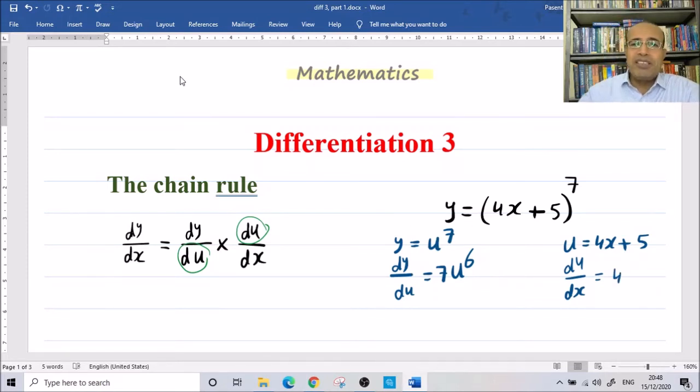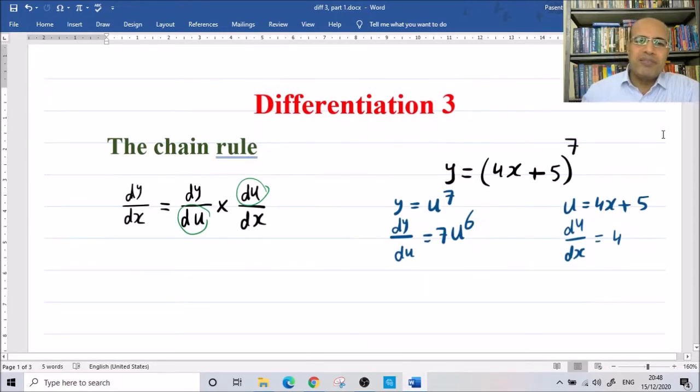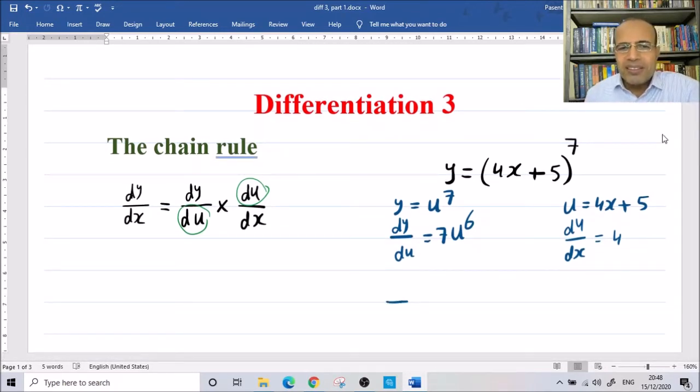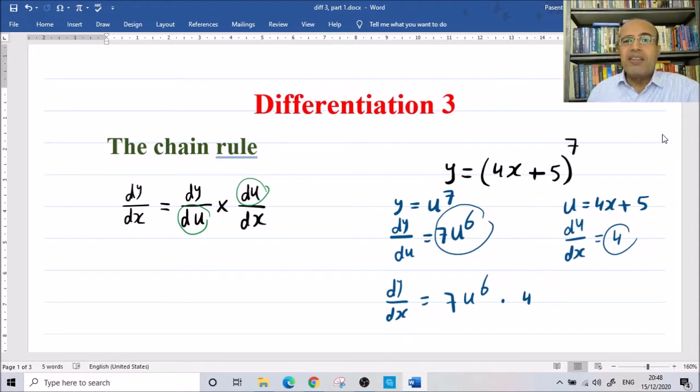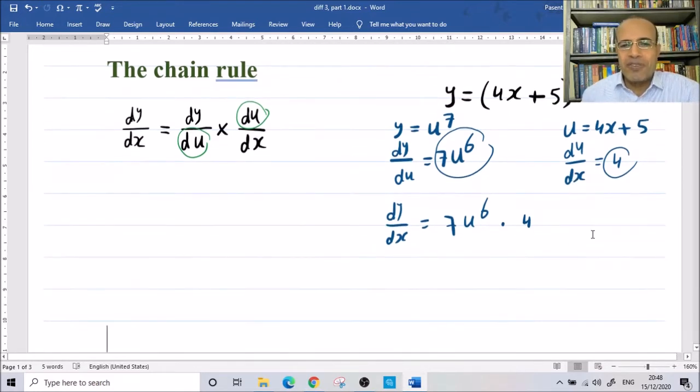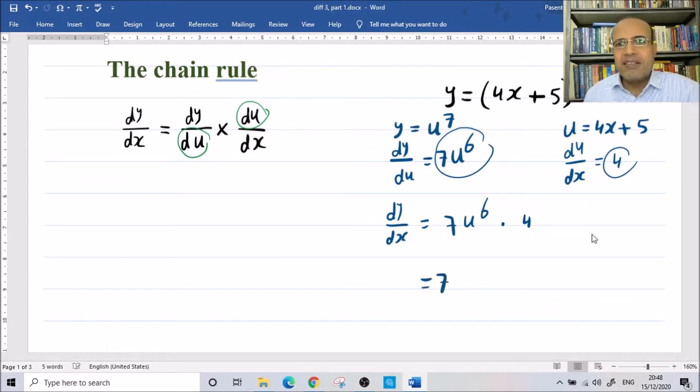Then when we apply this chain rule, dy by dx equals dy by du, which is 7u power 6, multiplied by du by dx, which is 4. Then we replace u by its value, 4x plus 5. Then the answer is 7 (4x plus 5) power 6, multiplied by 4.